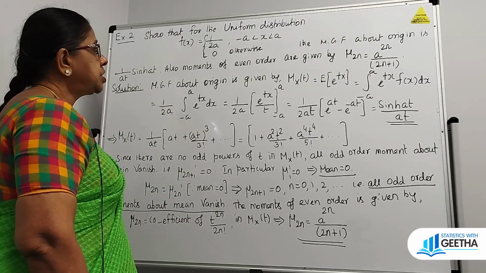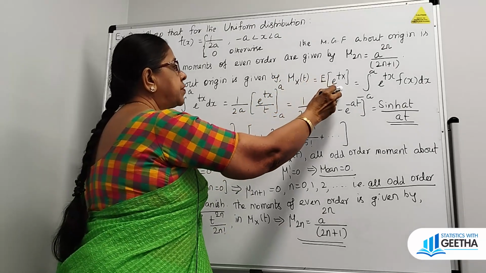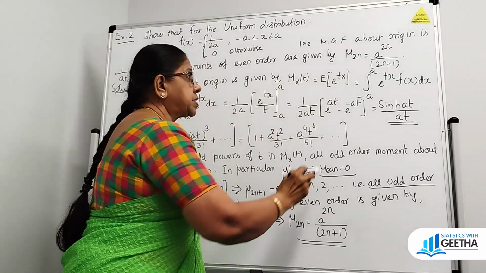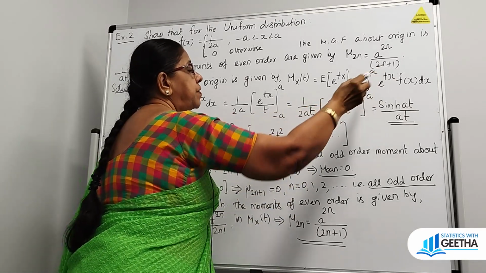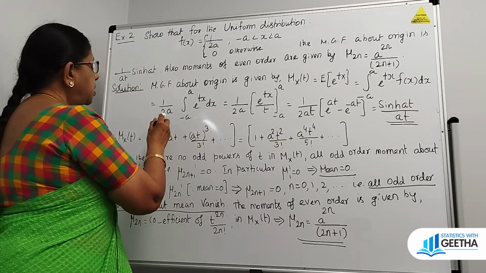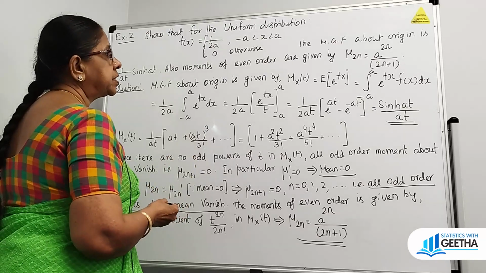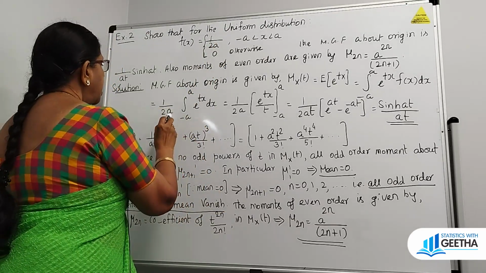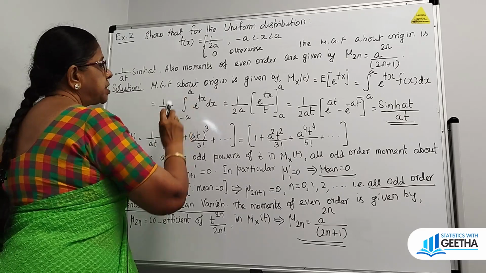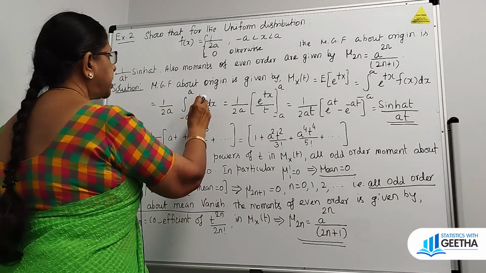MGF about origin is given by M x of t, which is equal to expectation of e power tx. That is integral minus a to plus a of e power tx f of x dx. Now we can take 1 by 2a outside, because f of x is 1 by 2a, which is constant. Taking 1 by 2a outside, we get integral minus a to plus a of e power tx dx.